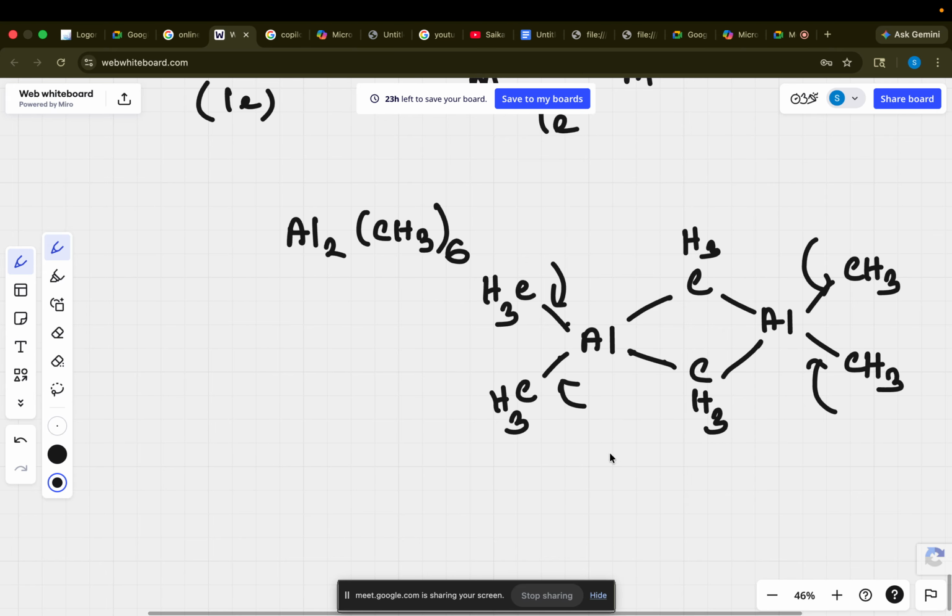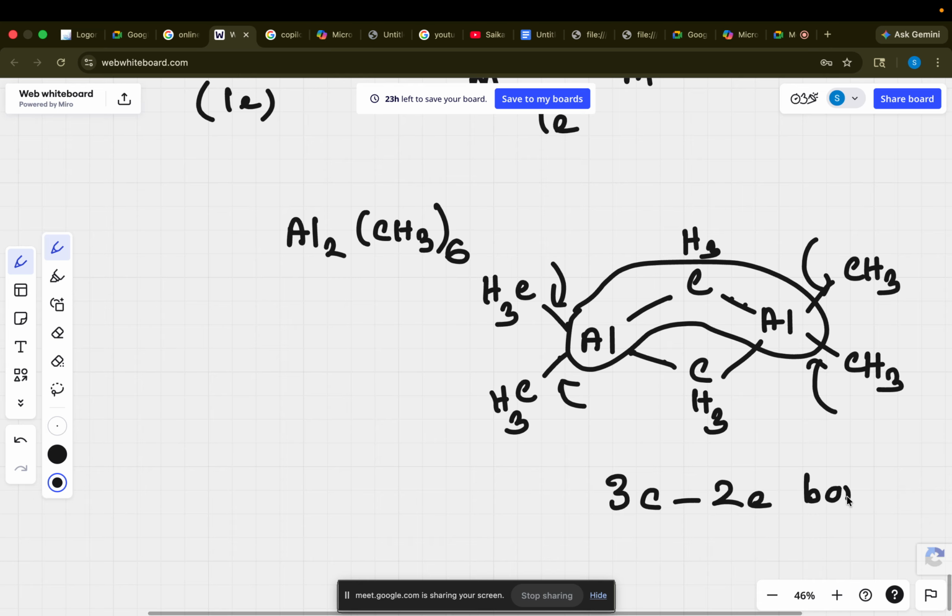If aluminum is donating an electron here, then CH3 cannot donate an electron here. In this other bond, CH3 will donate 1 electron and aluminum will donate 1 electron. How many centers do you have? 1, 2, 3. So you have 3 centers, and how many electrons? In this bond you have no electrons, and here you have 2 electrons. So it is a 3 centered 2 electron bond.